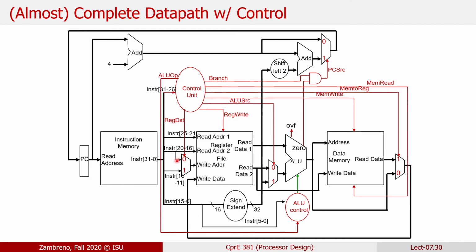It's selecting between those two fields and determining which one is actually the write address of those 5 bits. And for I type instructions, it's encoded differently than it is for R type instructions. So you could also call it R type or I type, but that's describing the instruction more so than it is describing the actual control signal and what it's doing.